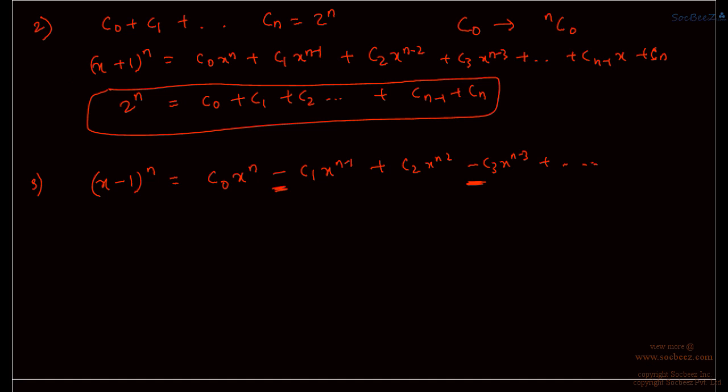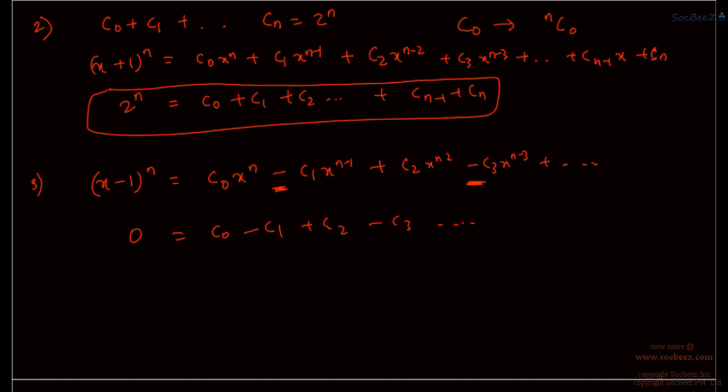Now what I do is, I put x is equal to 1, right? So that gives me C0 minus C1 plus C2 minus C3 all the way till the end. Whereas on the left hand side I have 1 minus 1, that is 0, right? Now this is a very interesting thing.